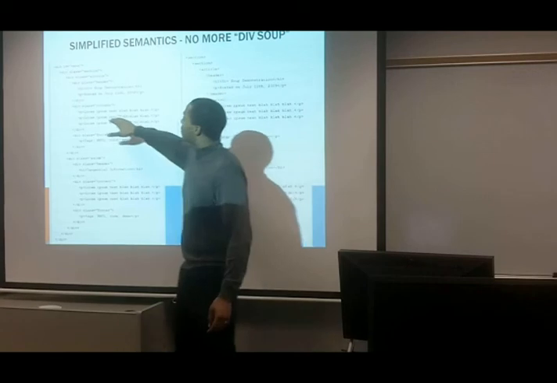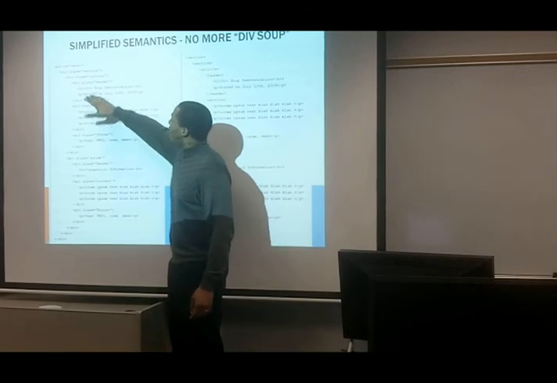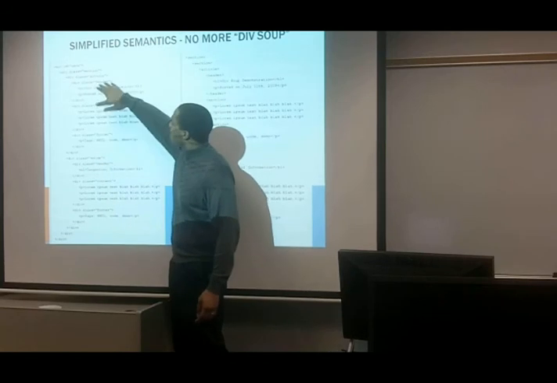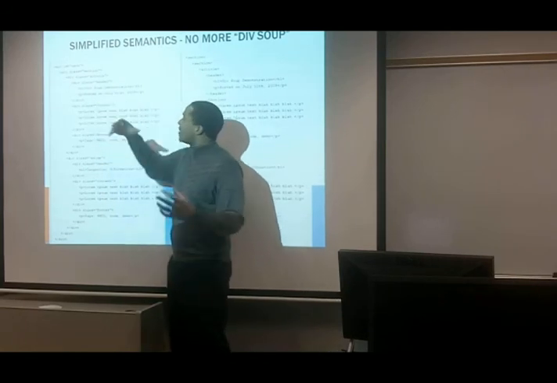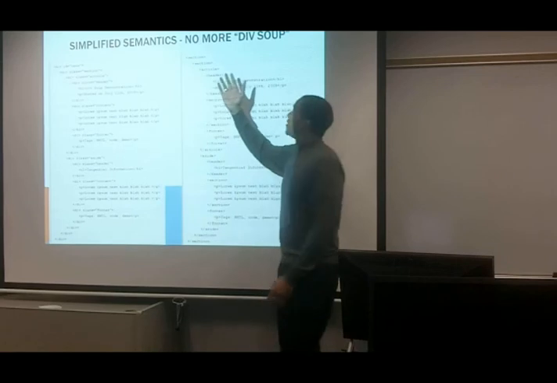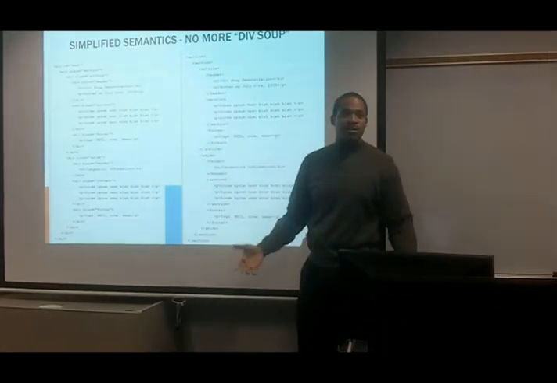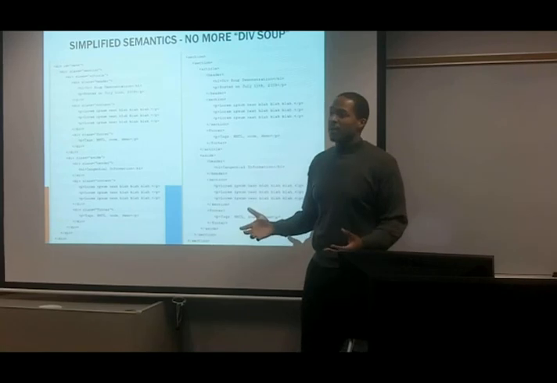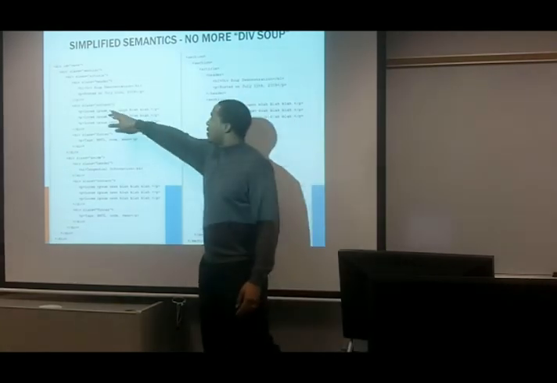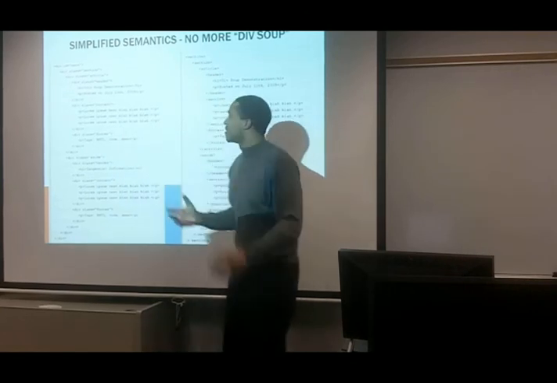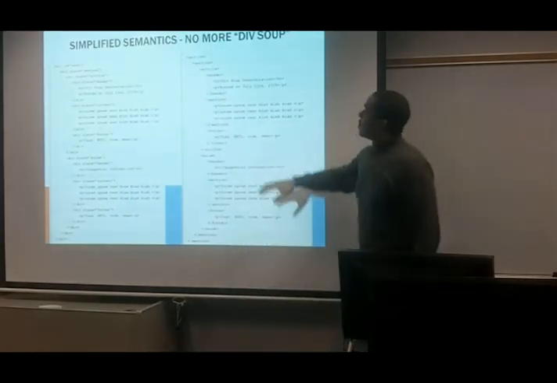But you had to have all these div tags, and you give them class names and ID names, and some people call it a div soup, because you've got div, like alphabet soup, all the way through your HTML. Now, granted, you do have meaningful names, but it's still a little bit challenging to grasp what's going on.